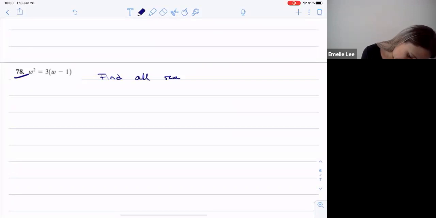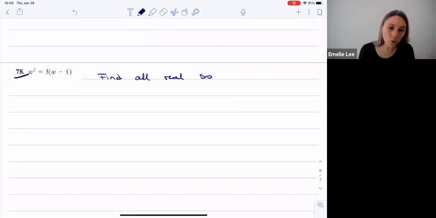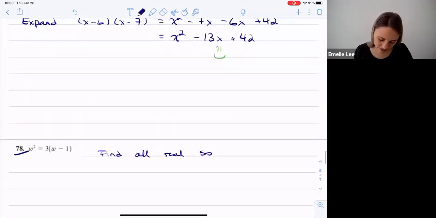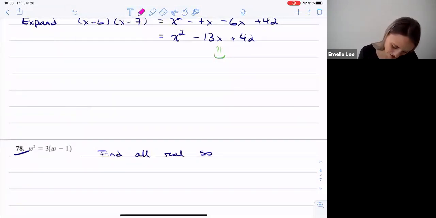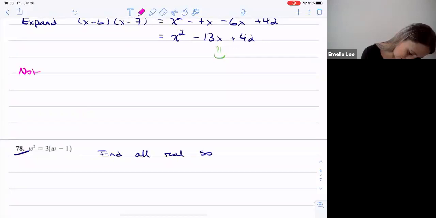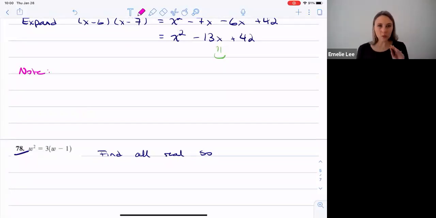Find all real solutions. Oh, I know what I was gonna make a note of. Note, right? We said some quadratics will not have solutions, right?